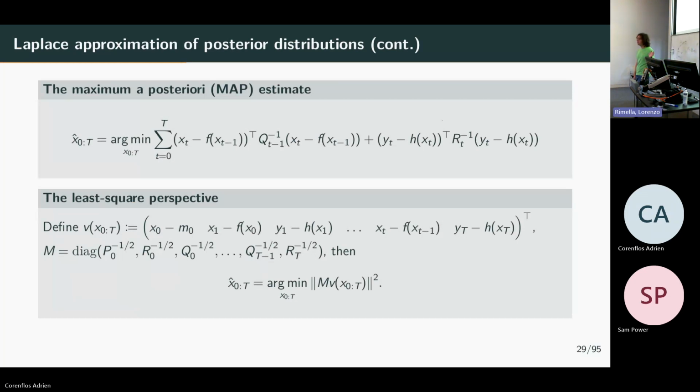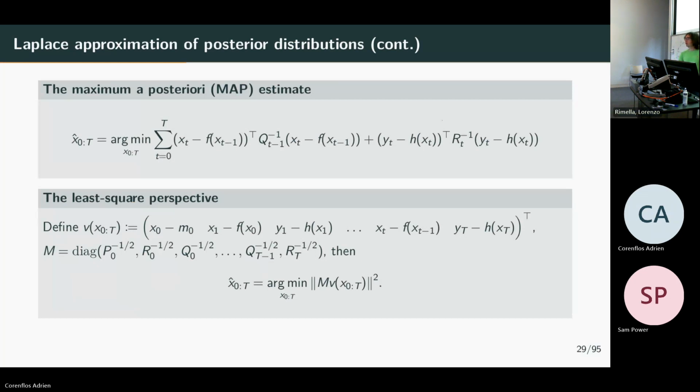You say, I build a matrix M, which is my inverse covariances being stacked together. And then I build a vector V, which is just the difference between xt and f of xt minus 1, but also the observation and h of xt. Now I am pretty convinced that this is indeed a least square problem.